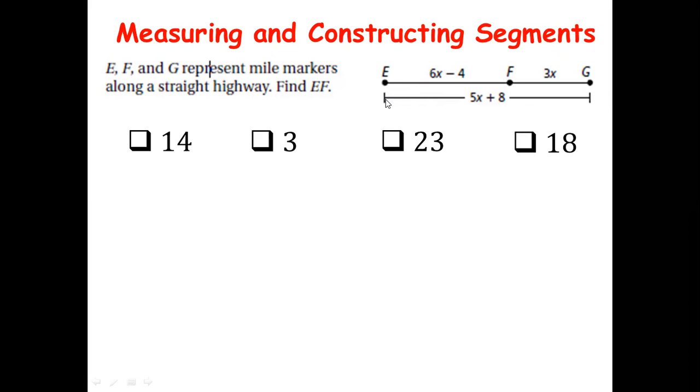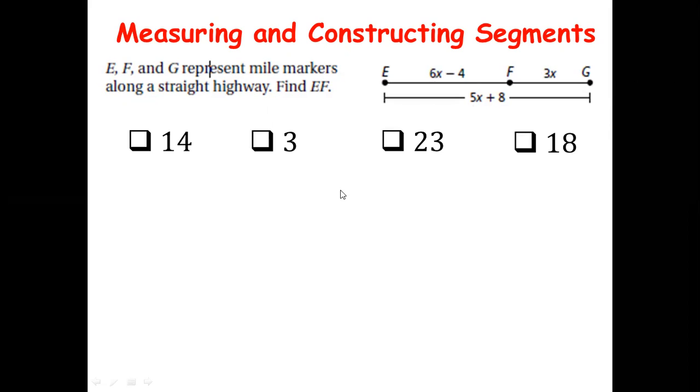Can you see that they have marked here from E to G? It is 5x plus 8. But the distance from E to F is 6x minus 4 and the distance from F to G is 3x. If you add two parts of the line, you will get the whole distance, the complete length of the line. So if you add EF and FG together, you will get the length of EG.